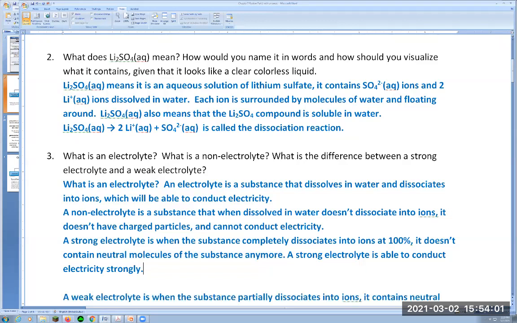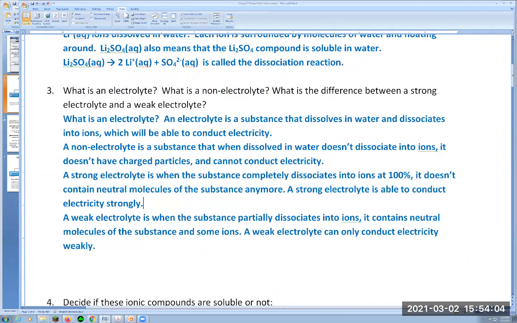And then by opposition, a weak electrolyte is when the substance only partially dissociates into ions, which means some of the molecules stay neutral when you are dissolving them in water. So some of them stay neutral, and then some of them will dissociate into ions. So you have some ions, but you have mostly neutral molecules. And the few ions that are dissolved will be able to conduct electricity, but there is not enough of them.